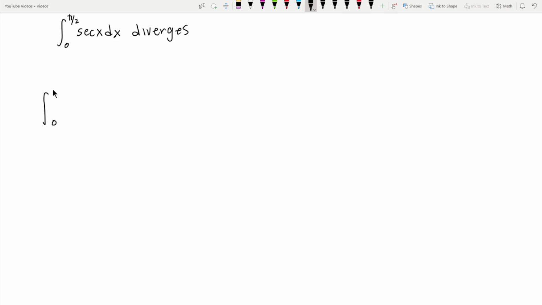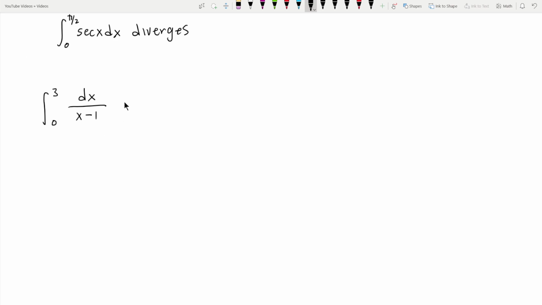From 0 to 3, dx over x minus 1. All right, so does this converge or diverge? And if it converges, what is the antiderivative? Now, the first thing you need to recognize here is that between these two values, we have an asymptote.